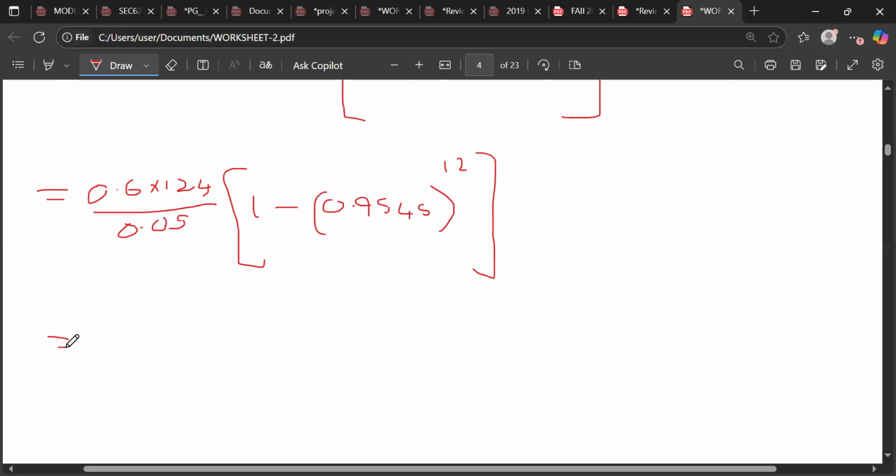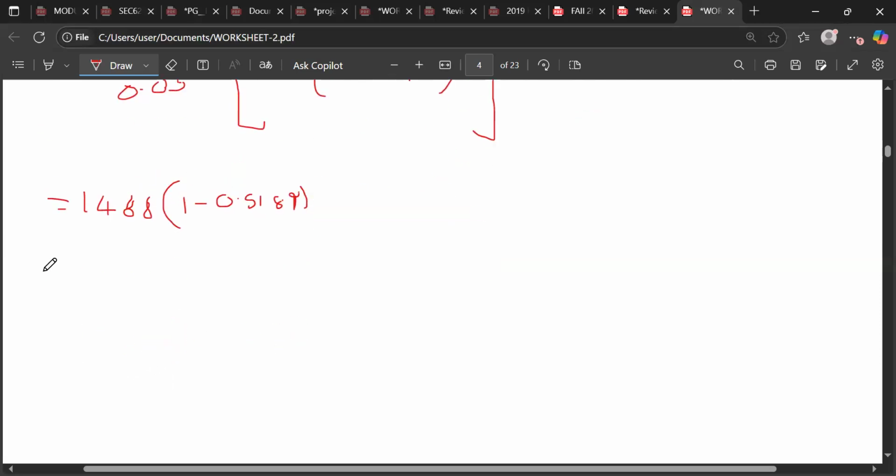Yes, sir, we're going to get 0.6 by 124, which will give us 74.4, divided by 0.05, will give us 1488, times 1 minus 0.9545 to the power 12, which will give us 0.5189, which will now be equal to, in total, 1 minus that answer, times 1488.